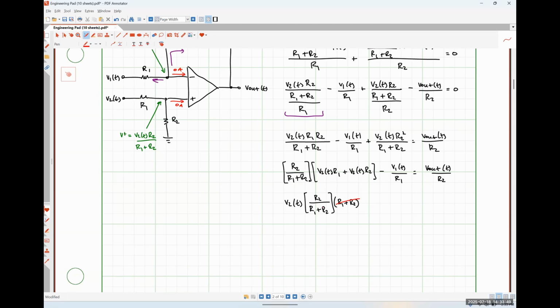So this cancels this. Minus V1 over R1 is equal to V out over R2.